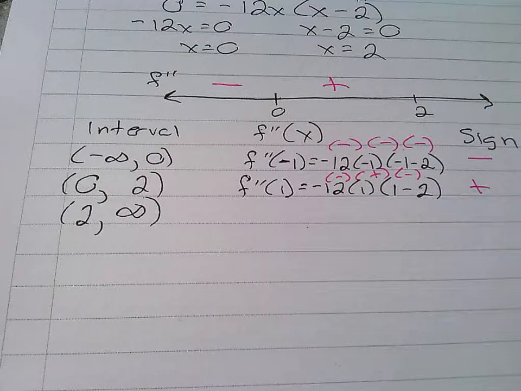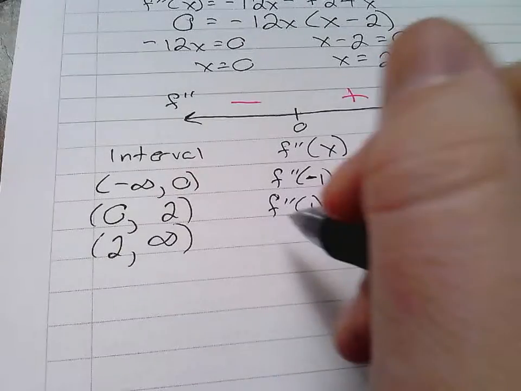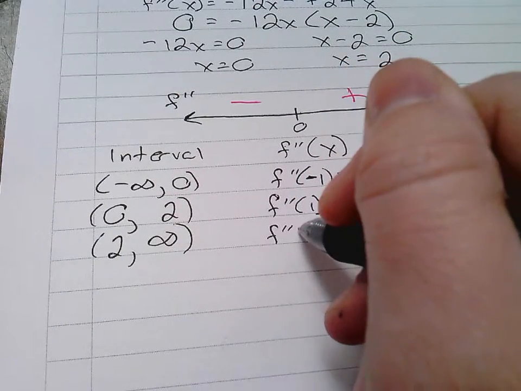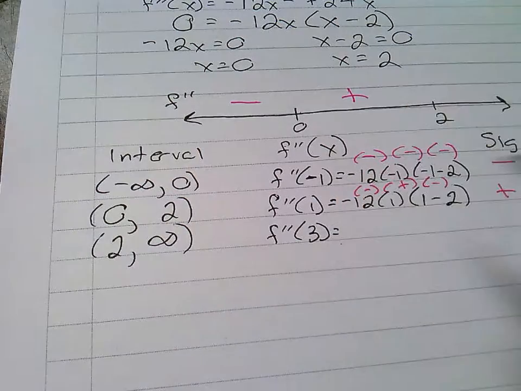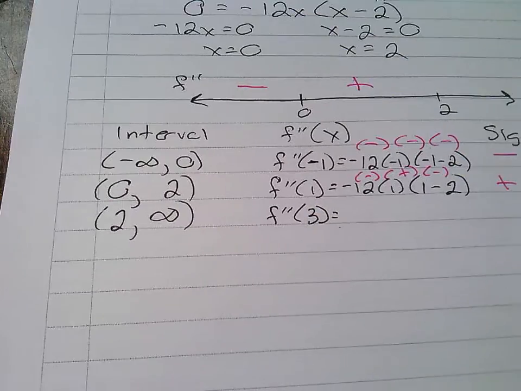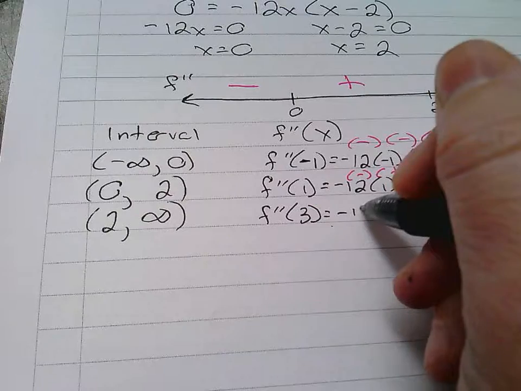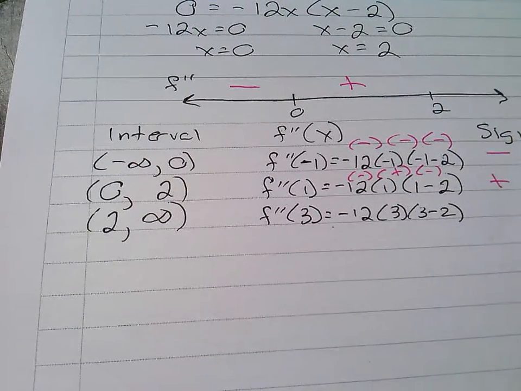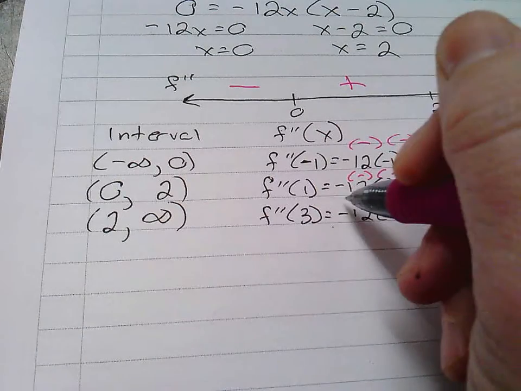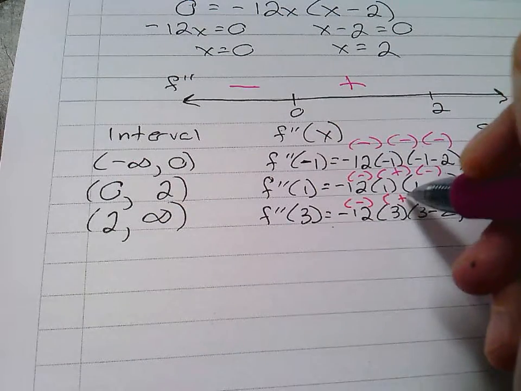Lastly, f double prime of 3. You can choose 3, 4, 5, 6, and up. I just like to choose the number right next to it. So negative 12 times 3 times 3 minus 2. So that's a negative, positive, positive, which is a negative.